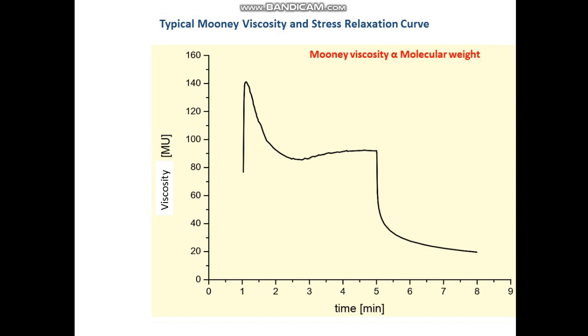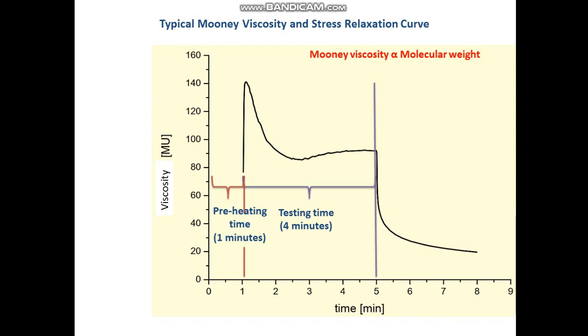So we have to heat our cavity to 100 Celsius, put our rubber sample into the cavity, then close the cavity. Then we allow our rubber sample to get heated up to 100 Celsius. 1 minute is more than enough to get the rubber sample heated up to 100 Celsius. So that's why we give this 1 minute. That is technically called preheating time.